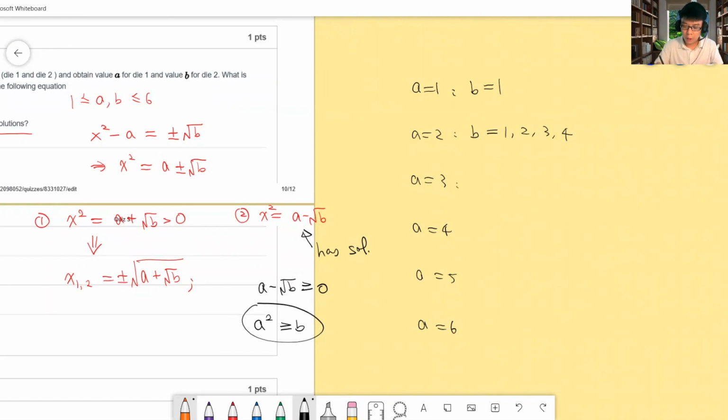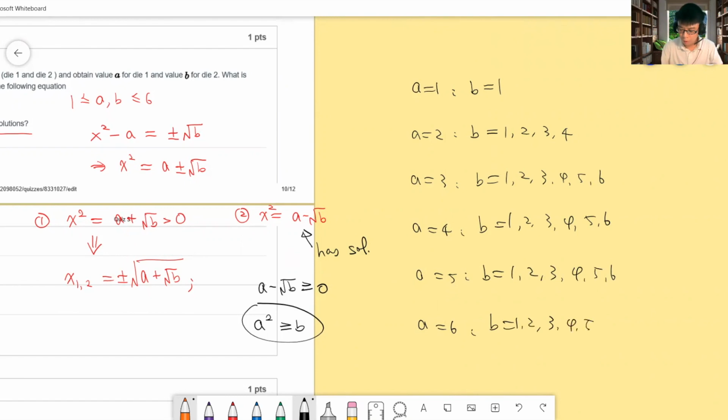Now for A from 3 to 6, actually, we can have any B. So B could be 1, 2, 3, 4, 5, 6.